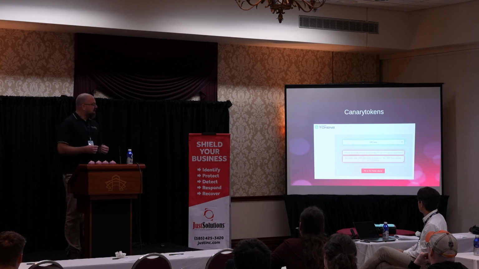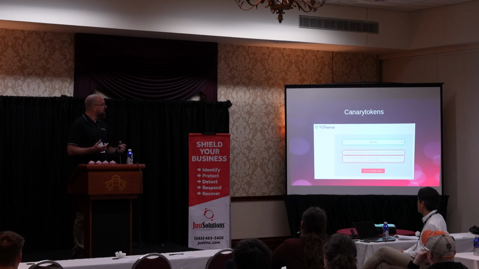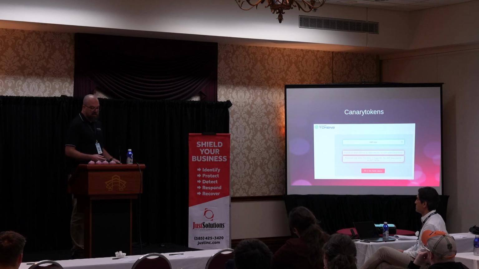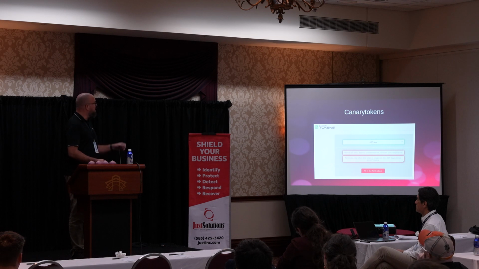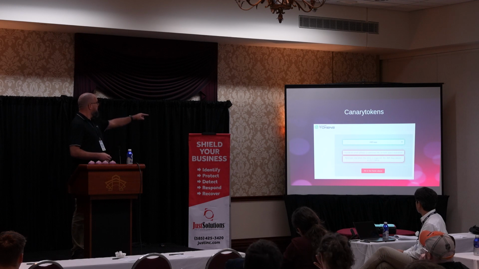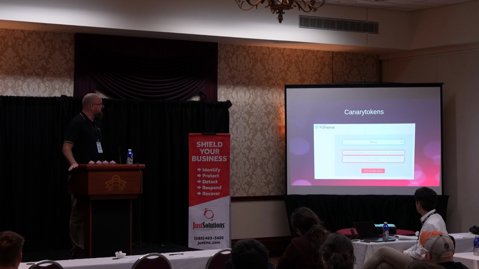What Canary tokens are, small, I guess you'd call them data constructs. I don't know, it sounds fancy. That will raise an alert when they're interacted with. So in this case, I'm probably going alphabetically. AWS keys, that's one of the Canary tokens you can build. You see there are two input boxes there. The first one, provide an email address.